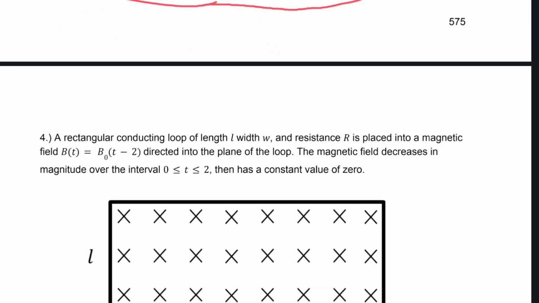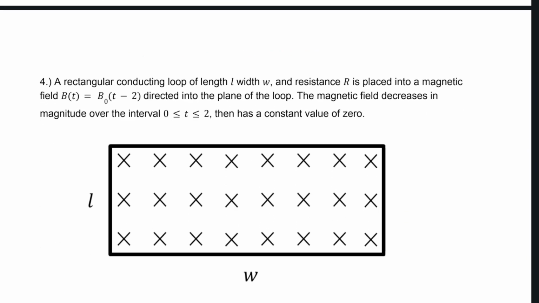All right, now for a symbolic one. A rectangular conducting loop of length L with W and resistance R is placed into a magnetic field given by this expression. It's some constant times the quantity t minus 2 directed into the plane of the loop. The magnetic field decreases in magnitude and then is constantly held at 0.